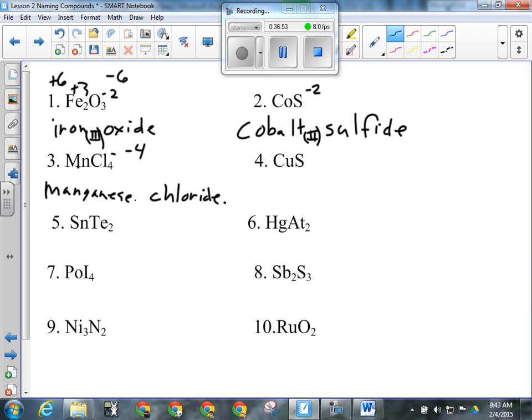So this is manganese 4 chloride. And for number 4, copper can have a charge of 1 or 2. In this case, it's probably going to be 2 because sulfur is always -2. Agreed? So this is going to be copper 2 sulfide.